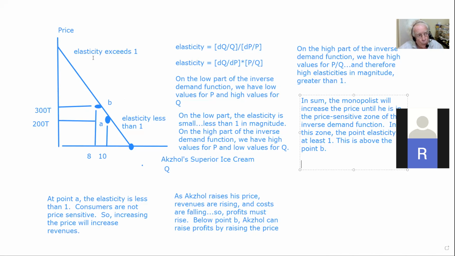First is the intuition: the monopolist just makes sure that he continues to raise the price as long as consumers don't mind. It comes to that.